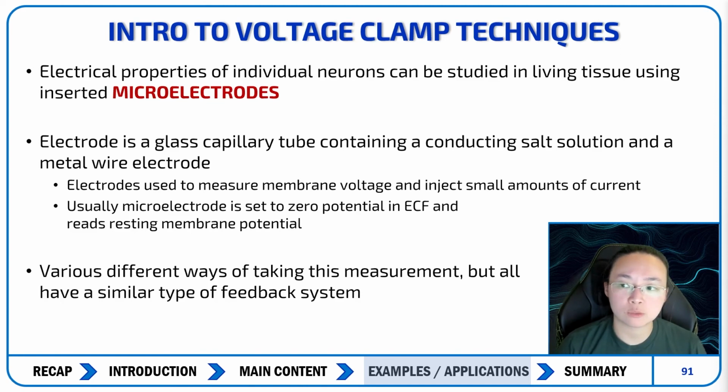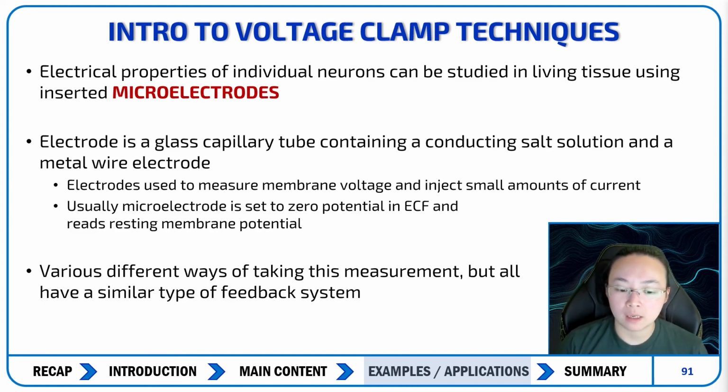What I want to say as well is that a basic voltage clamp is going to repeatedly measure the membrane potential and then change the membrane potential to a desired value by adding the necessary current to restore it to that amount. So this basically clamps your cell membrane, or whatever you're looking at, to a desired constant voltage, and that's why it's called voltage clamping. It keeps the voltage constant or restores it to that clamped voltage.